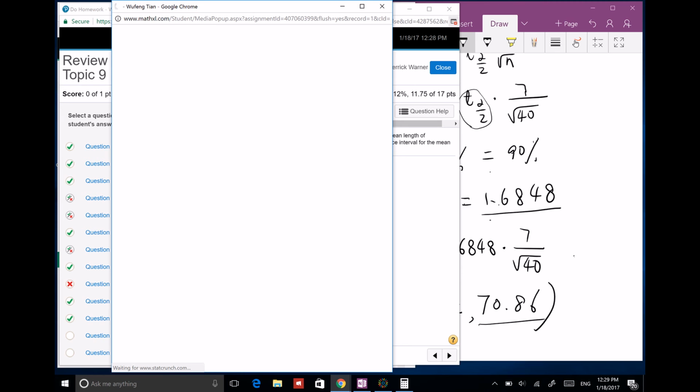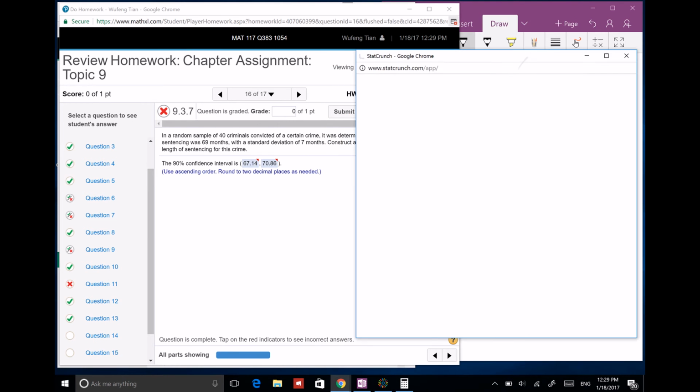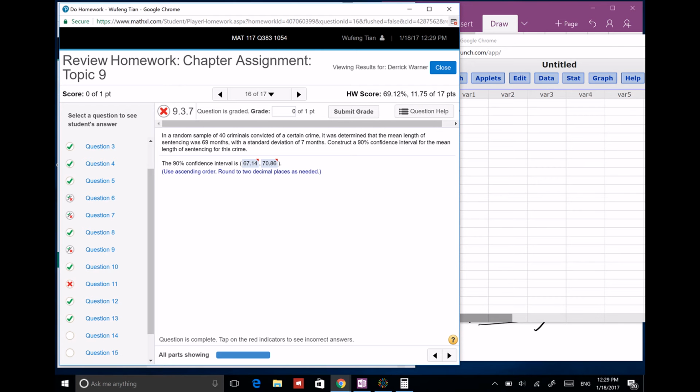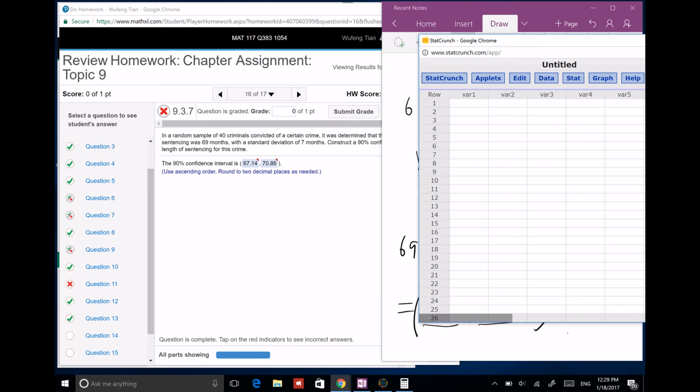So what we can do with the software, it helps you verify your answer. Once you finish your manual handwritten answer, you can use StatCrunch to verify it. It will be much easier.